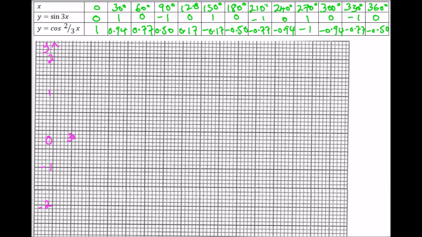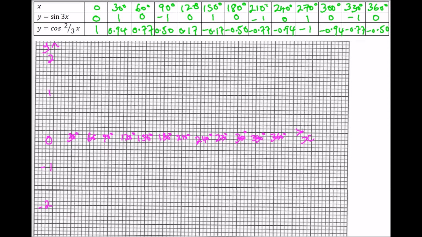So that is 30, we have 60, 90, 120, 150, 180, 210, 240, 270, 300, 330, and 360. That is our x-axis.